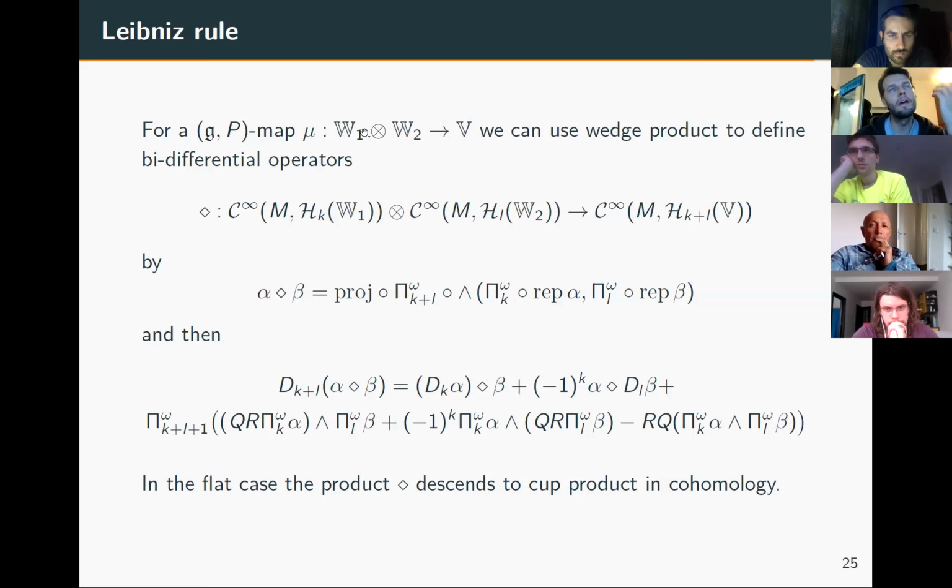So what you do is you take the homology bundles for these representations, and then for 2 sections, let's say alpha and beta of these homology bundles, you take this generalized projection. It's basically given by this homotopy transfer, and that will land in sections of bundle associated to W1 and W2. Maybe I should just write this down.